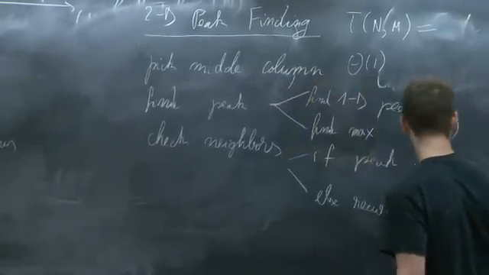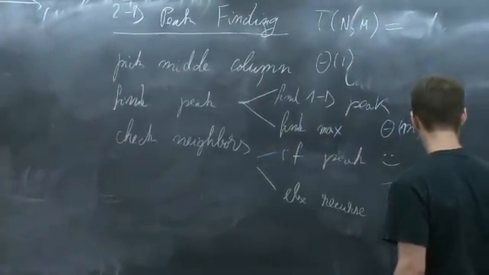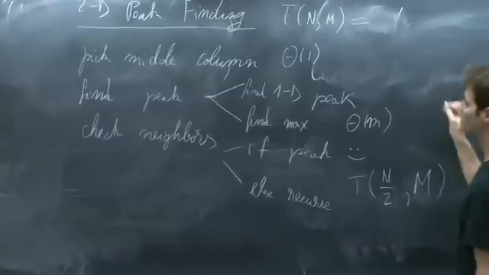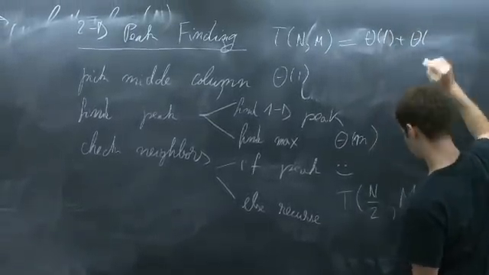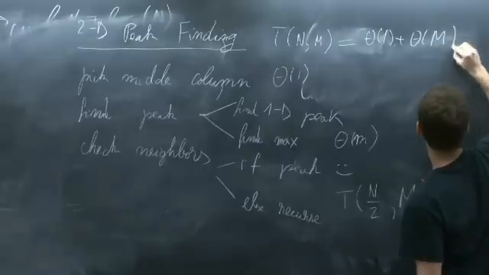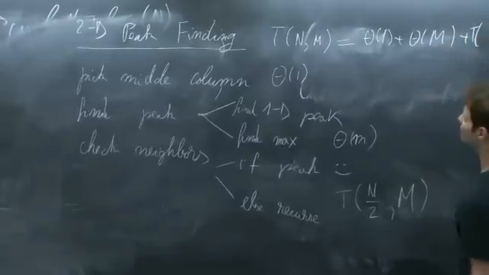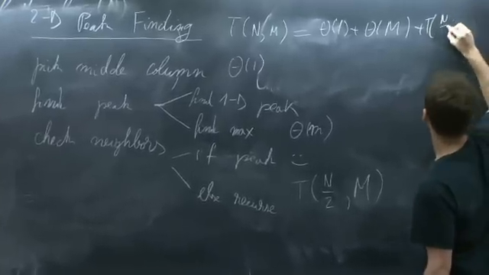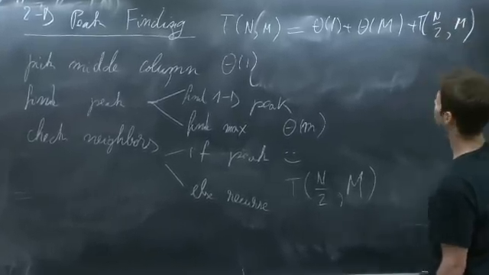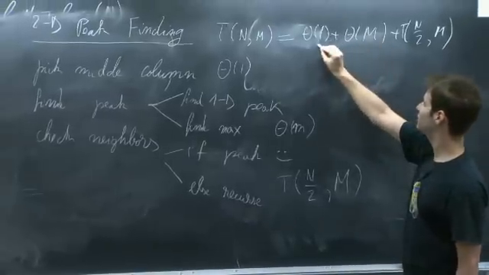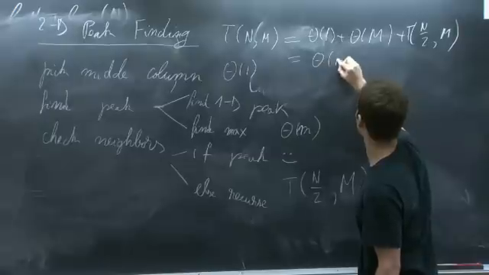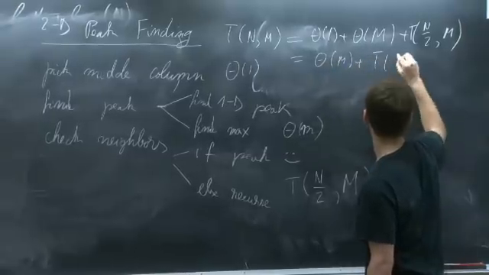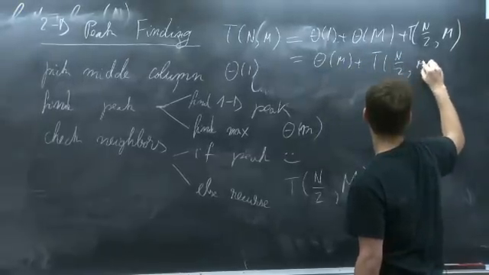N over 2. Sweet. So the recursion for this is theta of 1 plus theta of m plus T of n over 2 and m. I know that a constant can be absorbed by this other guy, so it's theta of m plus T of n over 2, m.